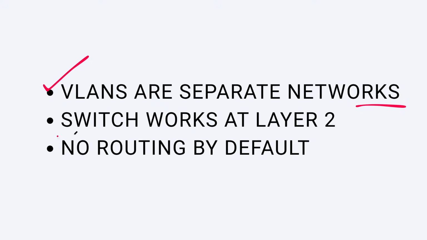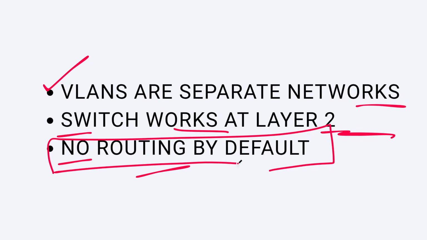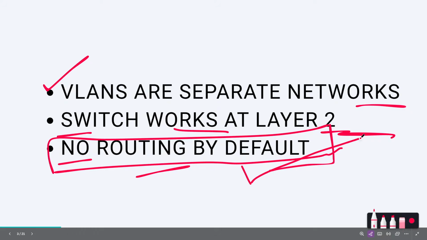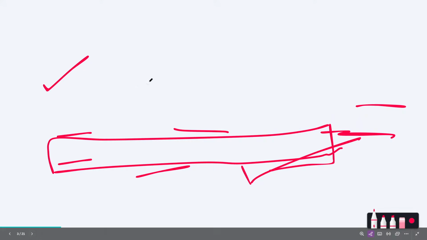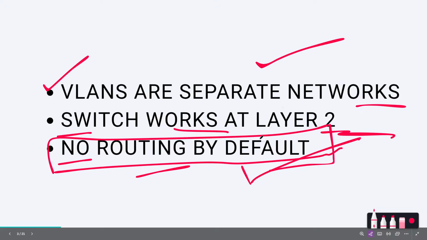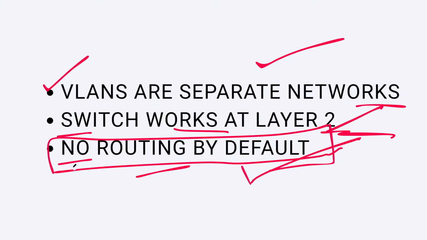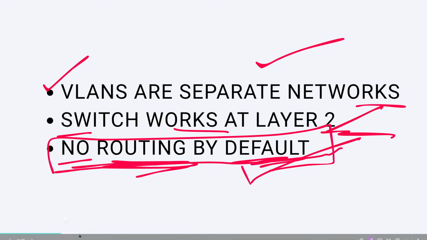We know that. Switch works at layer 2. We know that. No routing by default. We know this thing. Now we understand why VLANs cannot communicate. Because they are in separate networks. It works at layer 2. There's no routing by default, so they actually cannot communicate.